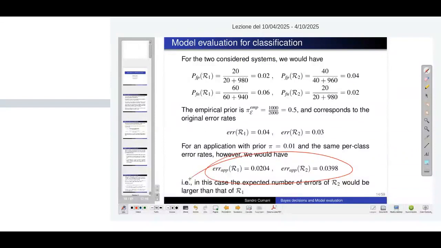Adding costs for a binary problem, we said, is equivalent to changing once more the application prior, because the cost can be represented as a change of the application prior, that is by using the effective prior. Then you can imagine, I don't find the example here, but if I change the cost for the different kind of errors, then the relative performance of the systems, as it was changing before when I just changed the prior, will also change when I add costs inside the classification error.